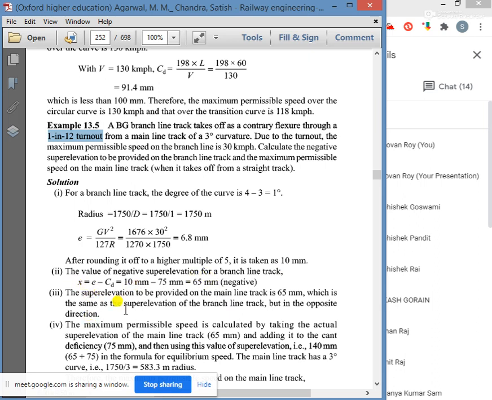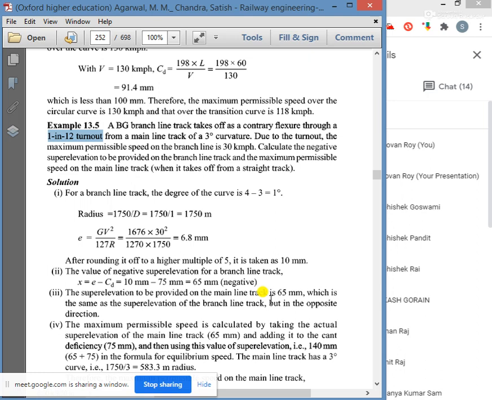The superelevation to be provided on the main line track is 65 mm. So what is your value for negative superelevation? The same value is provided as the superelevation of the main line track.